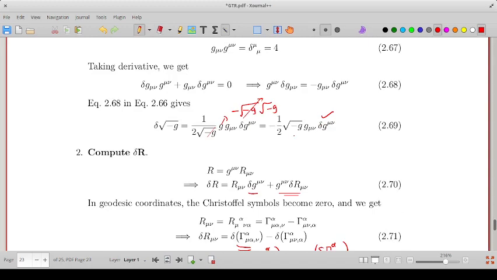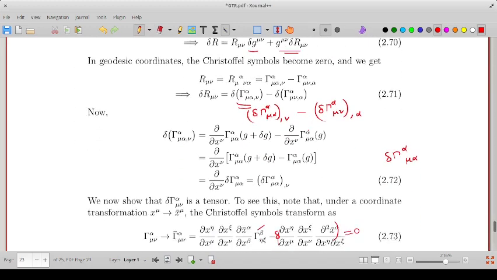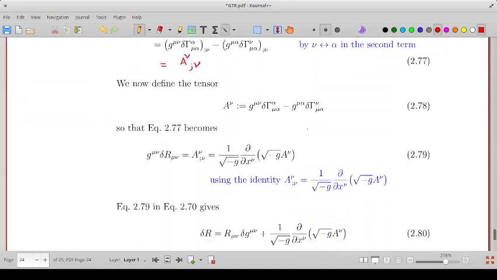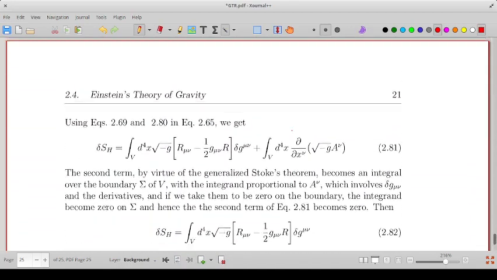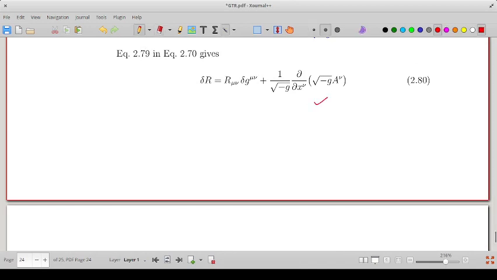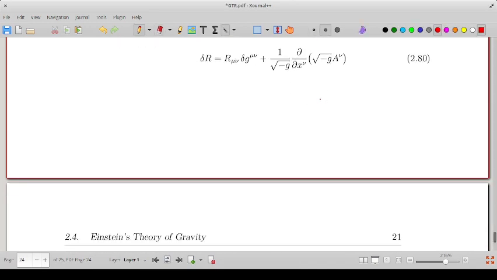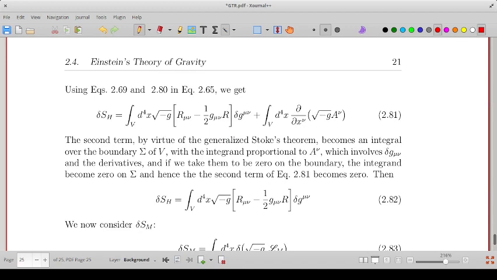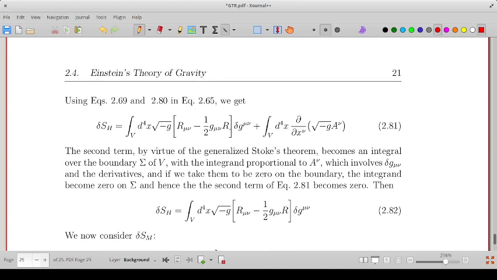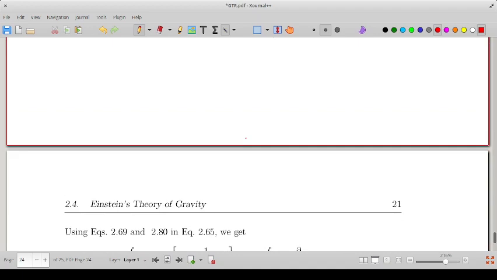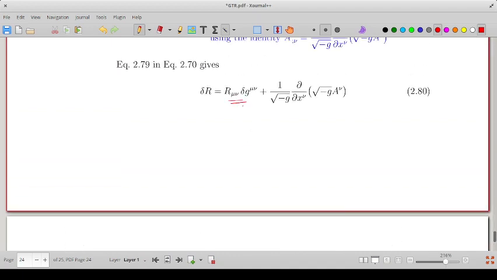The delta square root of minus g is given by this, and delta r is given by this factor, and taking the sum of the two, delta S_H can be written in the following way: sum over V, integral over V d4x square root of minus g, then r mu nu minus half g mu nu r times delta g mu nu.